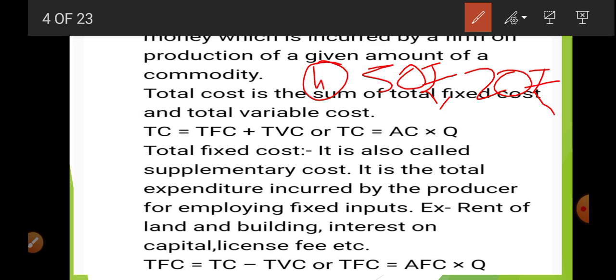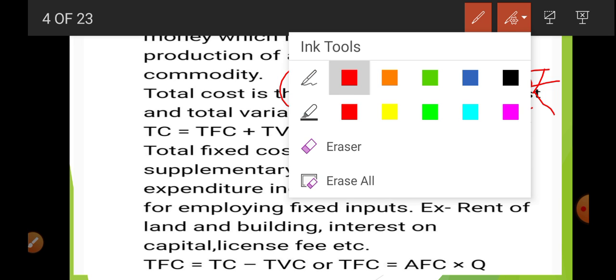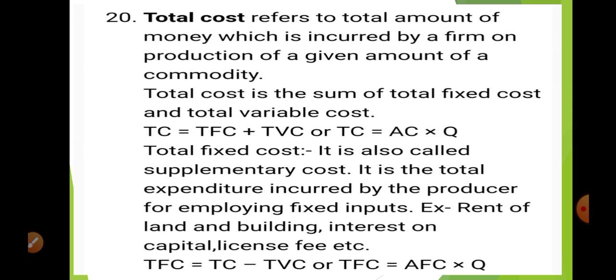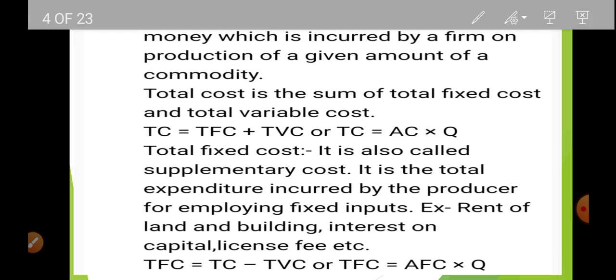So in this way 70 rupees is the cost of producing this X good. So total cost is whatever payment is done on the inputs. Okay, so what is written here? It refers to total money expenditure that is done by the firm for the production of a commodity.